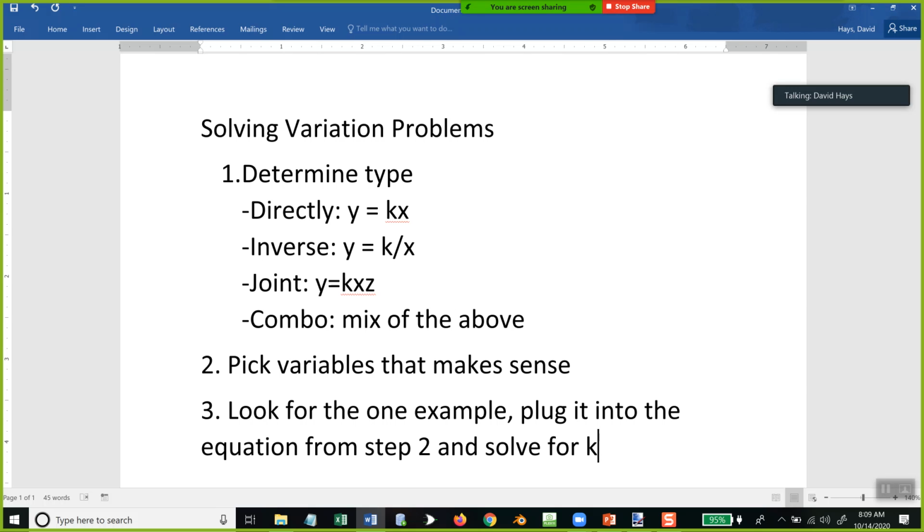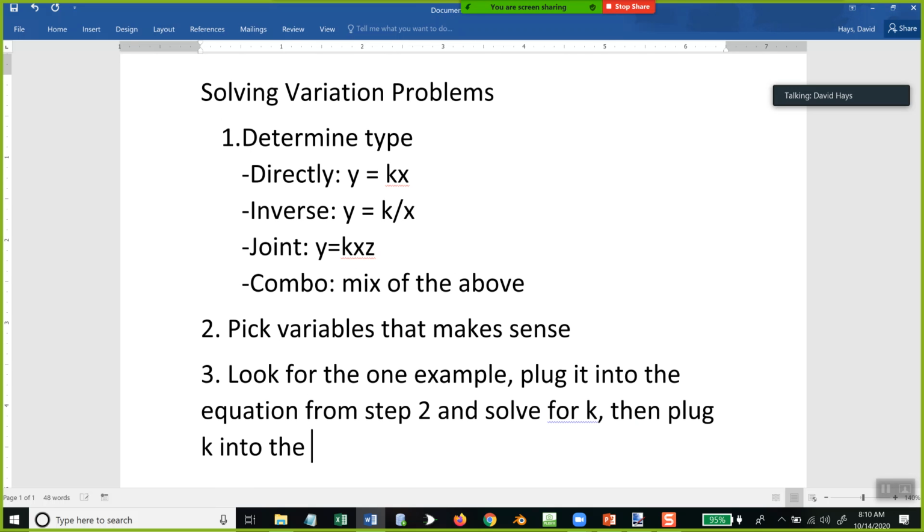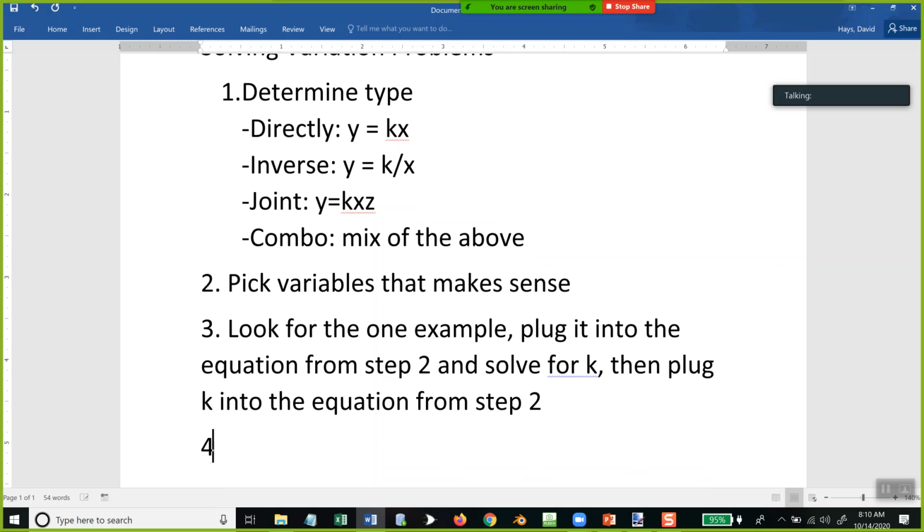K is referred to as your constant of proportionality, and it's going to be the same no matter what numbers you plug in. Now, after you solve for k, plug k into the equation from step 2. And then step 4, find what they really want.